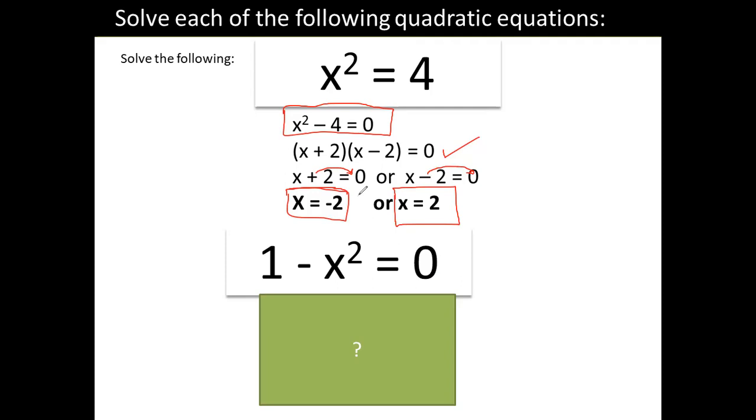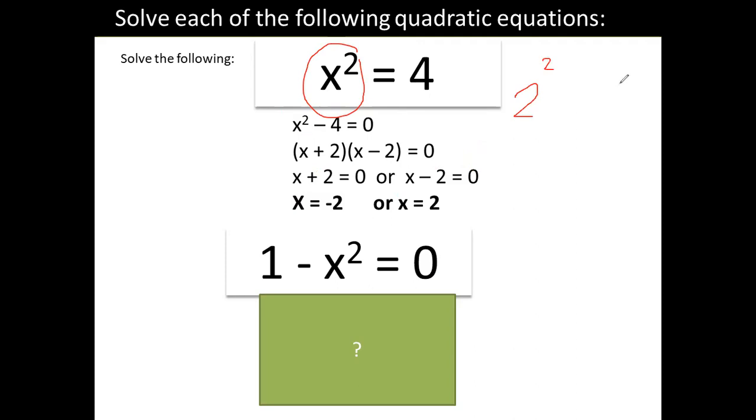Now, we check so that you can really see. We have here x squared equals 4, and our x is positive or negative 2. So 2 to the power of 2 equals 4. So therefore, we have 4 equals 4.